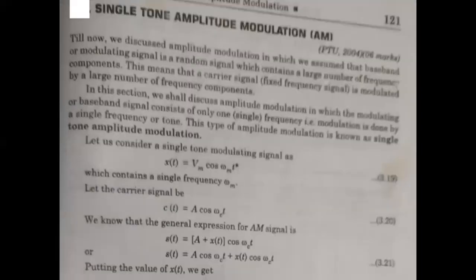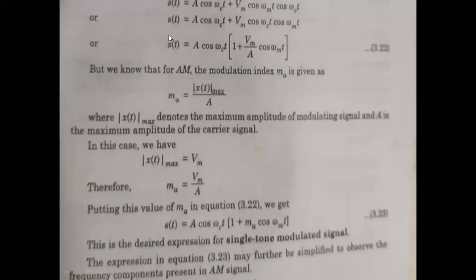What we are doing here is taking one example: the x of t signal is taken as Vm cos omega m of t and the carrier is taken as A cos omega c of t. Now the expression is A into x of t cos omega m of t; substituting Vm cos omega m of t in place of x of t, the S of t signal comes. After the mathematical expressions, the modulation index is the maximum amplitude of the modulated signal by the maximum amplitude of the carrier signal.